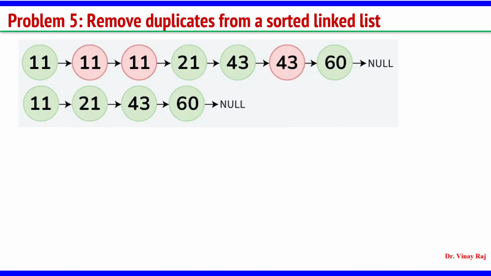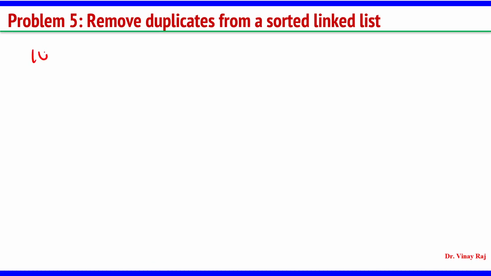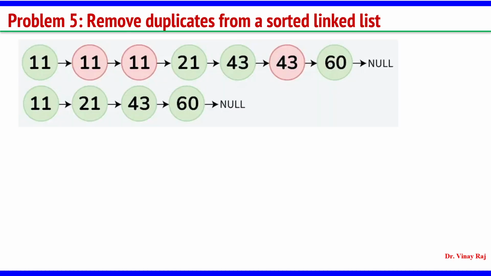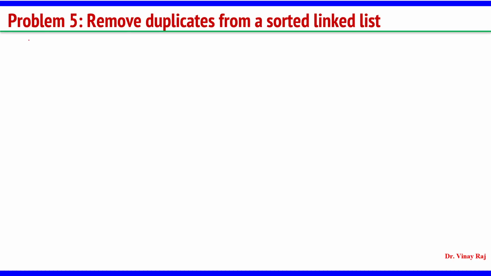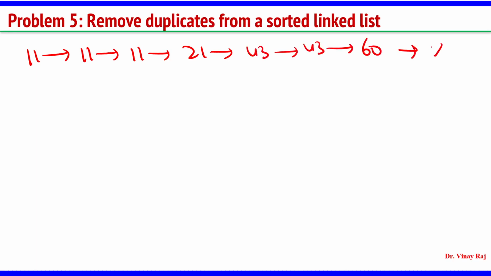I will explain this with another simple example here. Let's take the same numbers: 11, 11, 11, 21, 43, 43, 60, and here we have null. This is my head, but we always take a temporary node. So this is my temp.